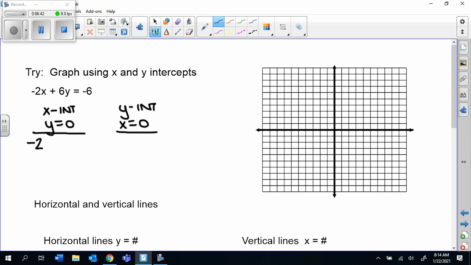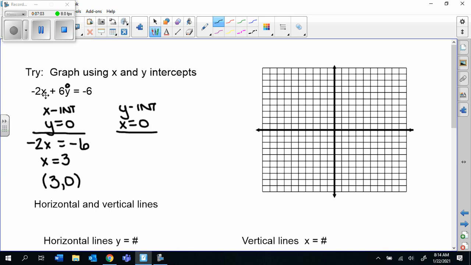So negative 2x, when I put a 0 right here, that part just goes away. So feel free to just leave that part off. You know it's going to go. And so x, we have a negative 2 and a negative 6, so x is going to be a positive 3 when I divide.